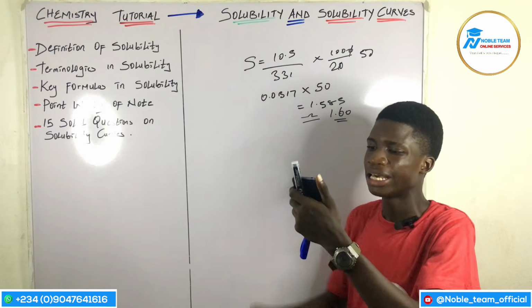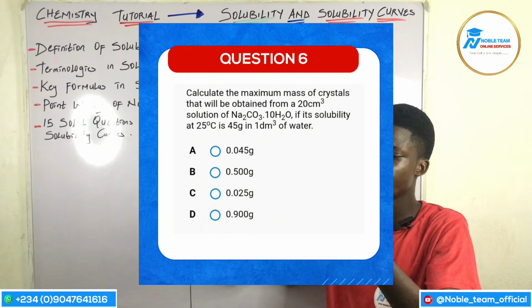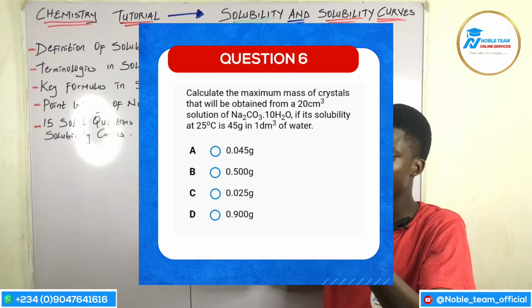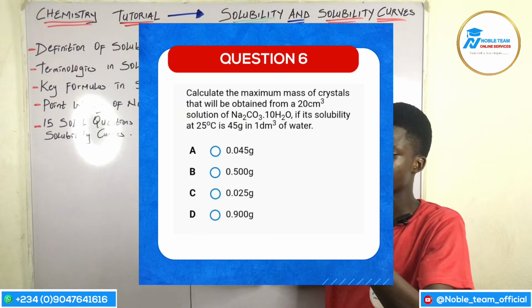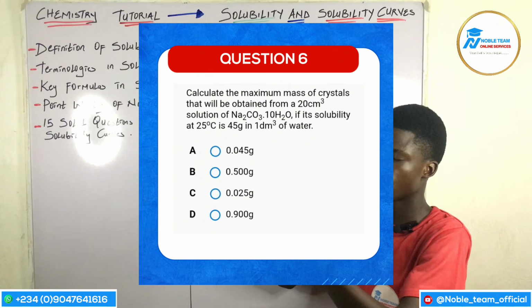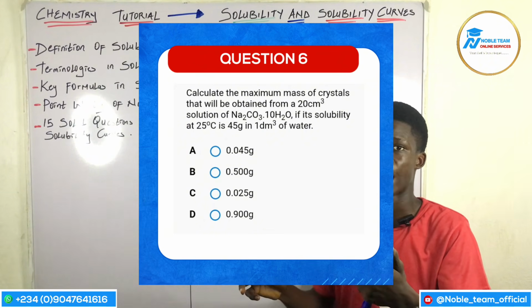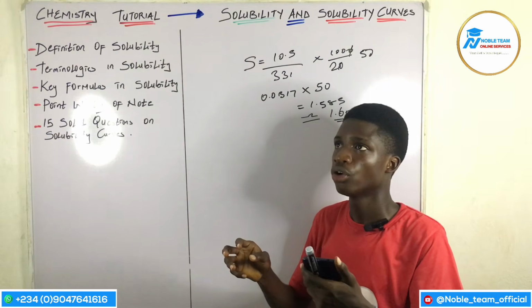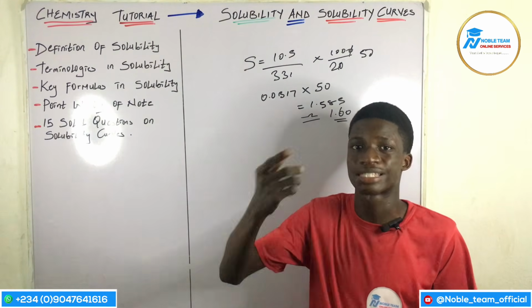Now question 6 says, calculate the maximum mass of crystals that will be obtained from a 20 centimeter cube of solution of this particular chemical formula I'm seeing, which has undergone water crystallization.